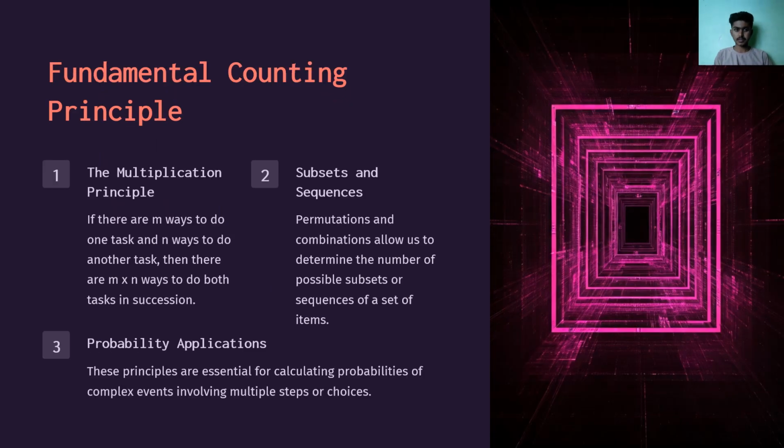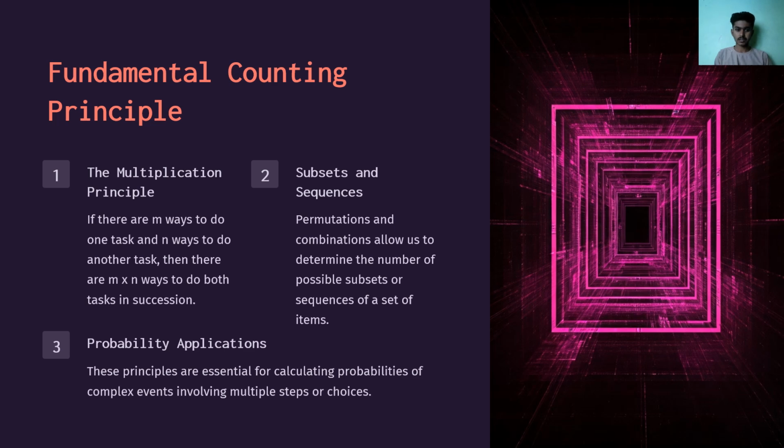Fundamental counting principle. First is the multiplication principle, second is subsets and sequence, and third is probability applications. In multiplication principle, if there are m ways to do one task and n ways to do another task, then there are m x n ways to do both tasks in succession.